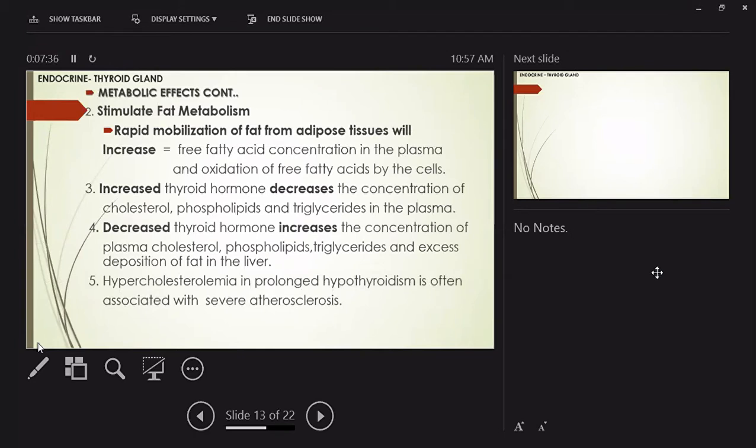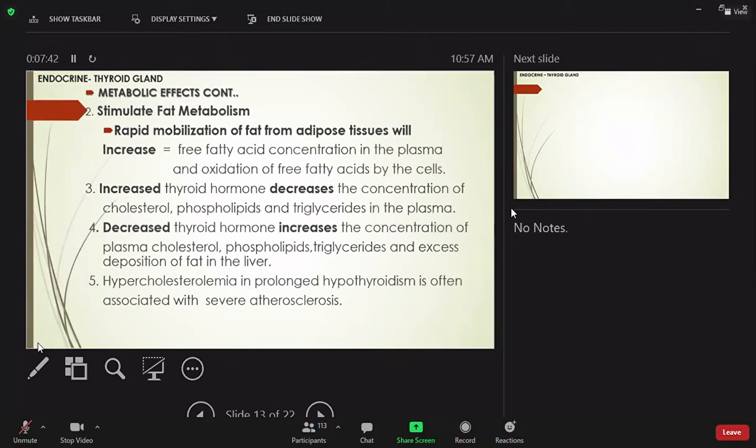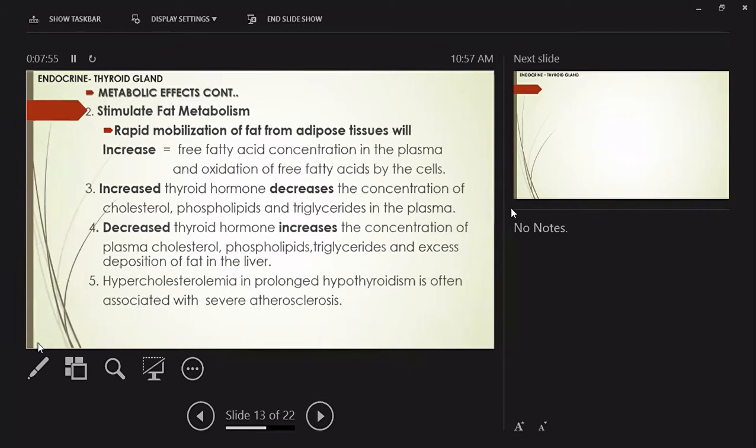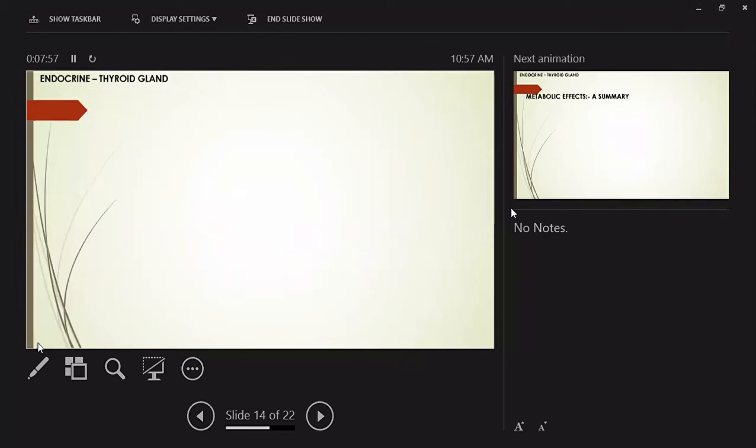Hypercholesterolemia in prolonged hypothyroidism is often associated with severe atherosclerosis. Also, the individual will also become obese because of the fat.